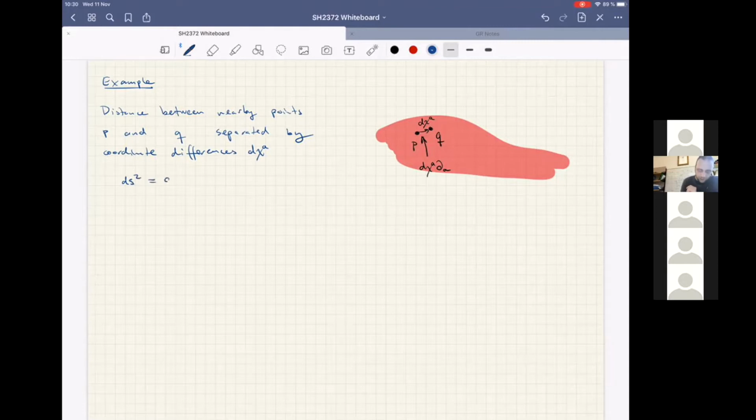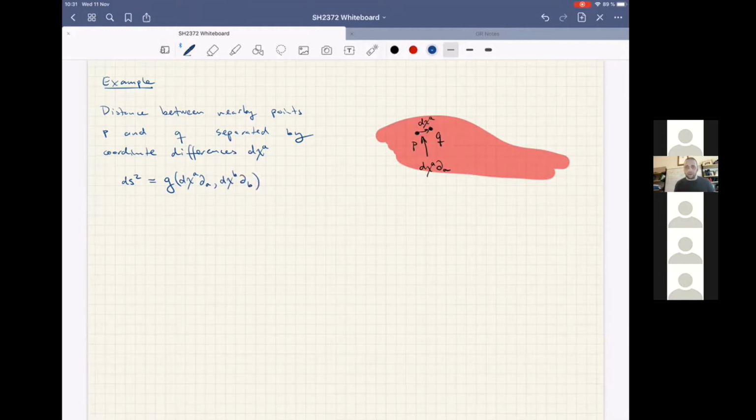So this will be the length of that vector squared, which is just that we insert this vector into the metric. So that would be d chi a ∂_a, and we have to insert it also in the second argument, so d chi b ∂_b.